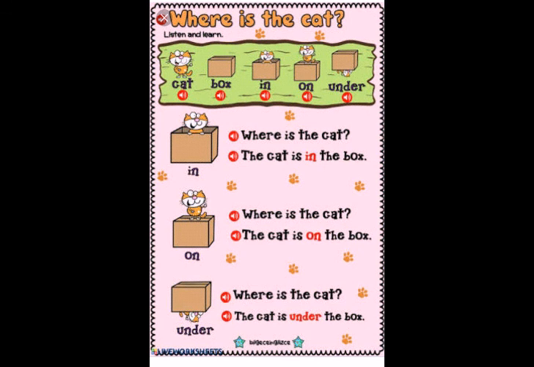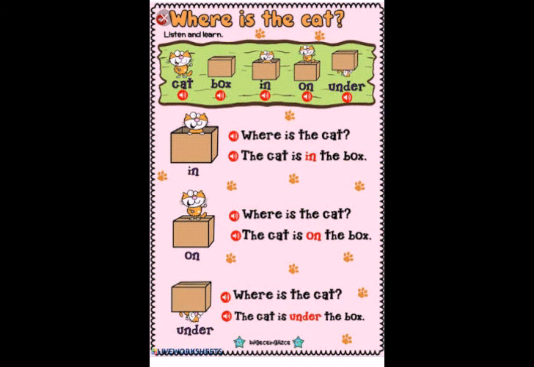Next question: where is the cat? Now on the next box you can see it is sitting over that box. So the cat is on the box. It is not inside, it is sitting on the box. Next, the third picture, where is the cat now? The cat is under the box.